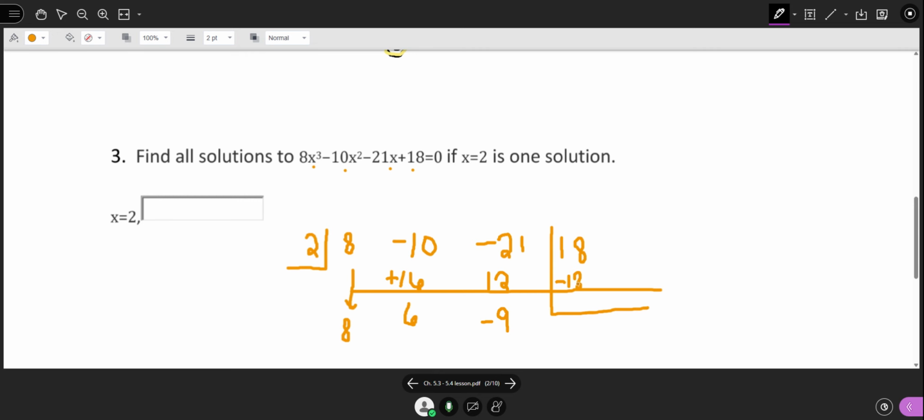Oh, snap. This one works. Yep. So it is a solution, which means we do have to solve.